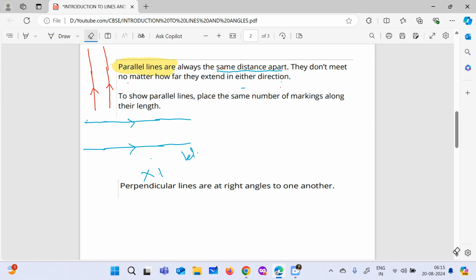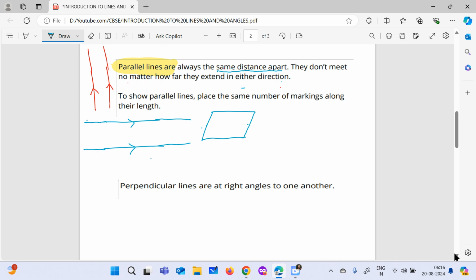Now, let's see. To show parallel lines, place the same number of markings along their length. Okay, so what does it mean? Suppose let's take one diagram. Now, in this, I have to show that this line is parallel to this line.